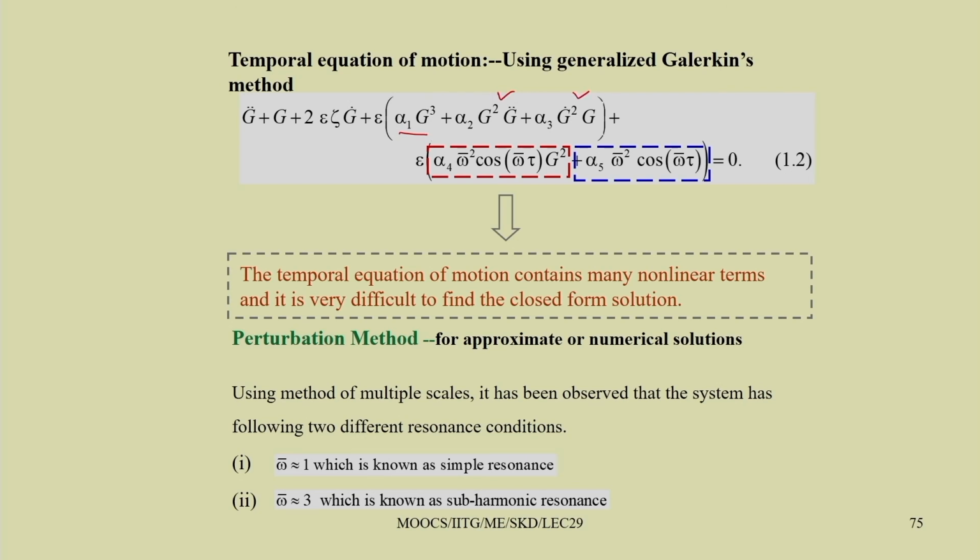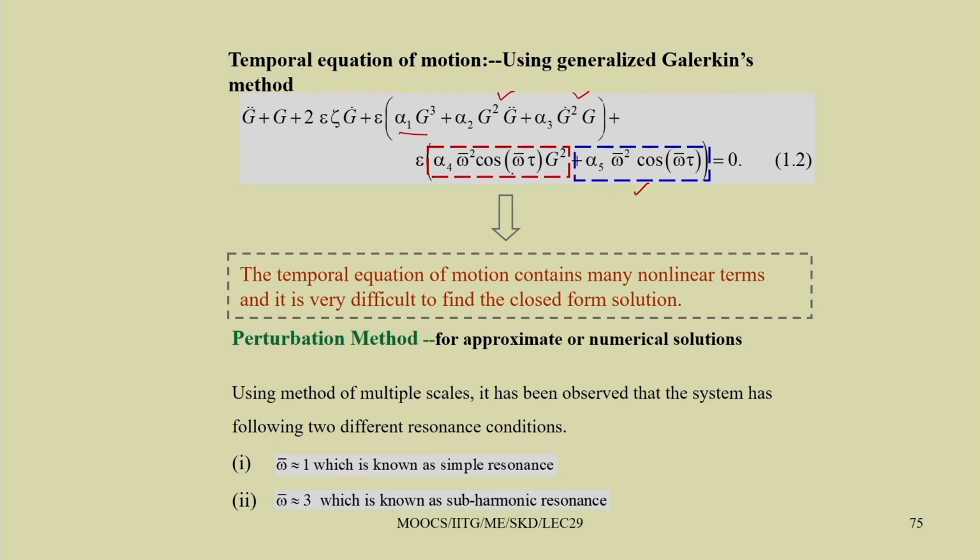In addition to that, in this case you can see the last term, that is phi alpha into omega square cos omega t. This is a forcing term. You just see it is not a coefficient of G, so it gives rise to an external forcing term.